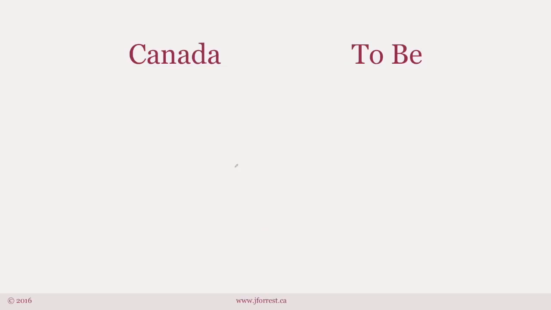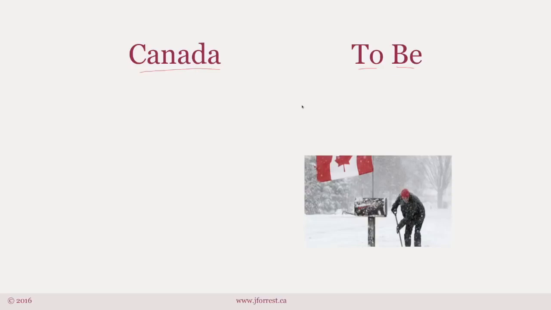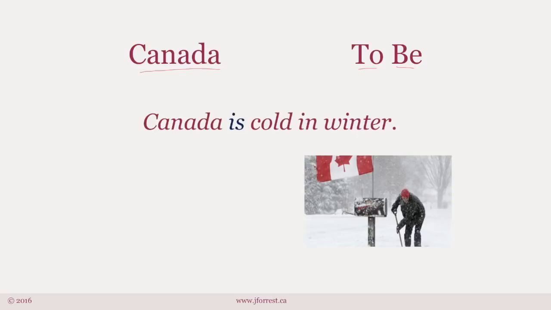Okay, so let's talk about my country, Canada, using the verb to be, which we know is an irregular verb. And what's happening in this picture? Can you give me a sentence? Okay, so here's what I said.